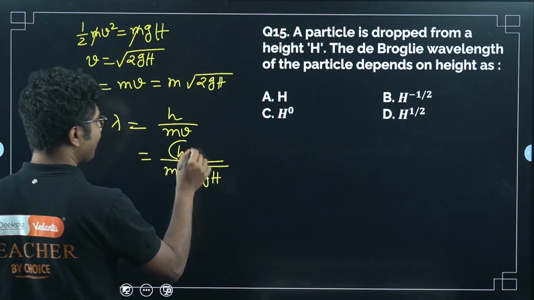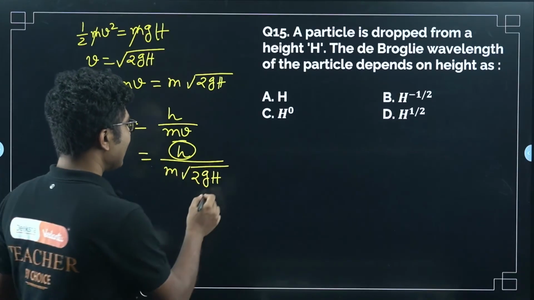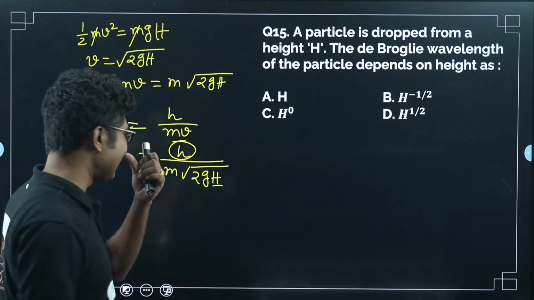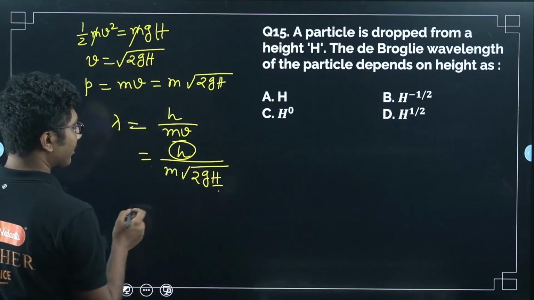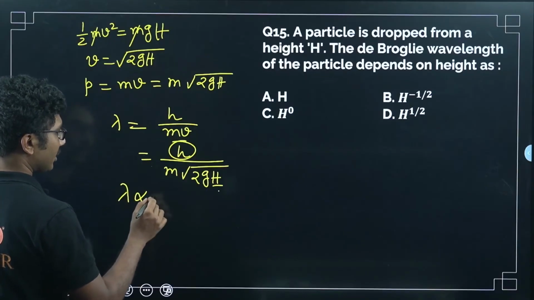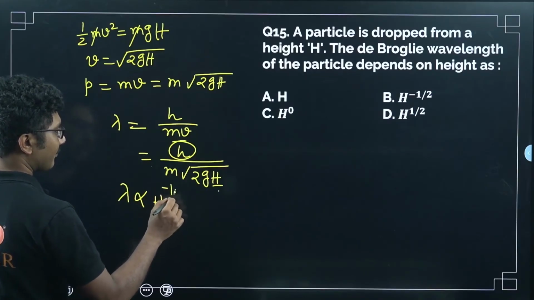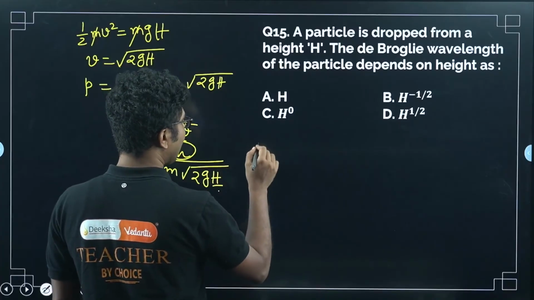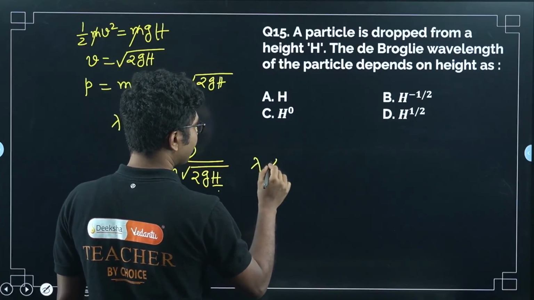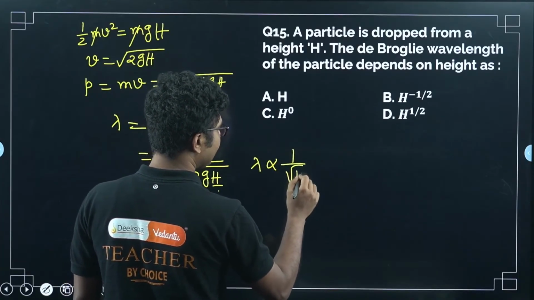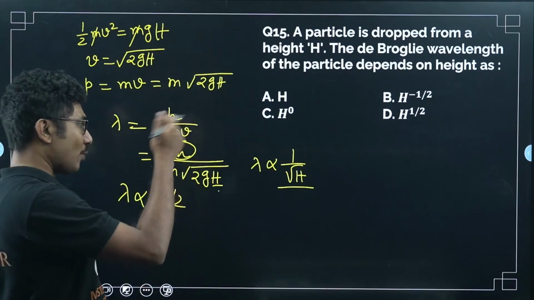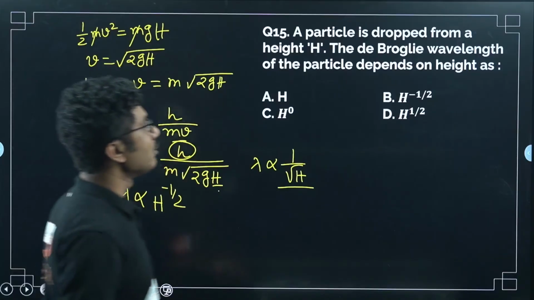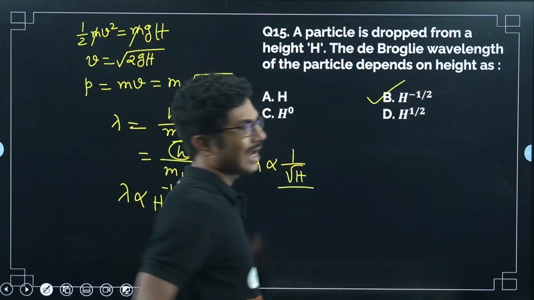Now remember, this h is Planck's constant and this is height, they are not the same, so you cannot cancel them with each other. So how is lambda dependent on h? Lambda is proportional to 1 by square root of h. Square root of h means to the power half and 1 by means minus half, so lambda is proportional to h to the power minus half.